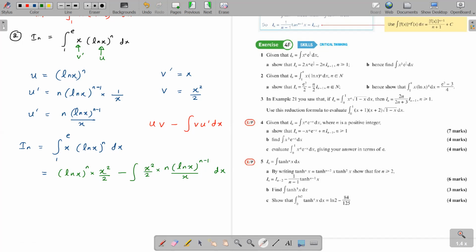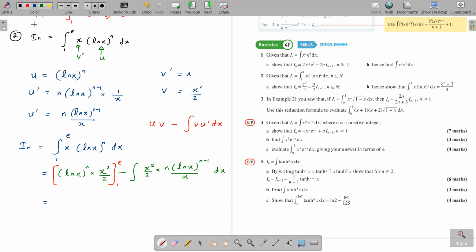Okay, now the thing is this. Do you see that this particular part that I've taken, this uv, is outside the integration, right? It's not inside the integral sign, which means this particular part is already done with the integration, isn't it? Which means I can apply what? I can apply my integration limits here because this part is done with the integration. Let's apply the integration limits here.